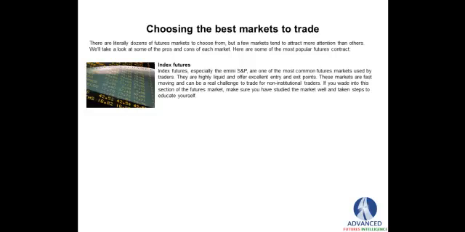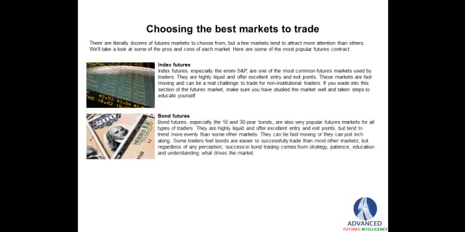Index futures are among the most common futures markets used by traders today. They're very liquid and offer excellent entry and exit points. But these markets are very fast moving and can be a real challenge to trade for non-institutional traders. If you want to wade into this section of the futures market, I strongly suggest you make sure you study this market very well and take some serious steps to educate yourself.